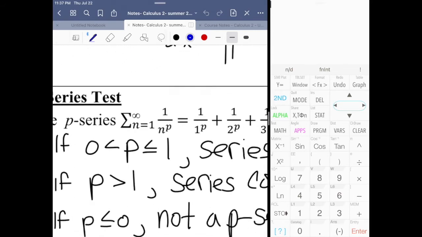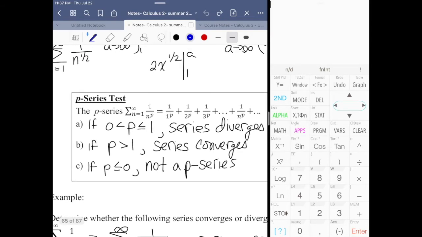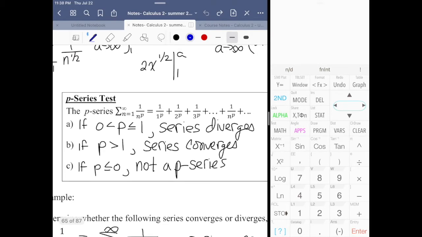So a quick refresher on the p-series test. First off, it's got to be in the form of 1 over n to the p power. So 1 over n to the second, 1 over n to the first, 1 over n to the 1/2, whatever, it doesn't make a difference. If the p-value is between 0 and 1, inclusive of the 1, the series diverges.